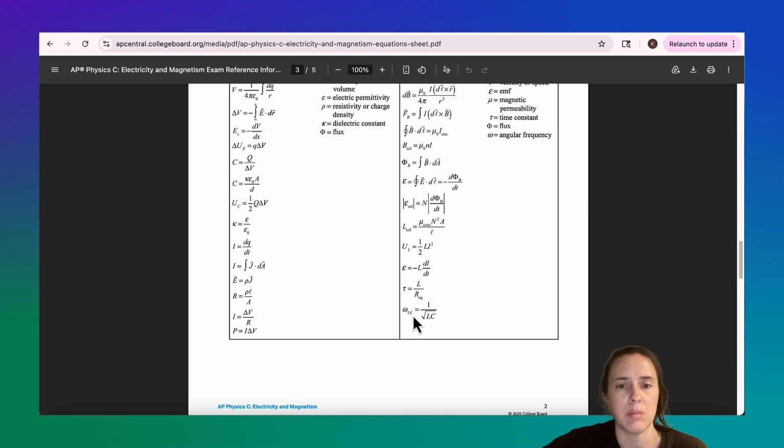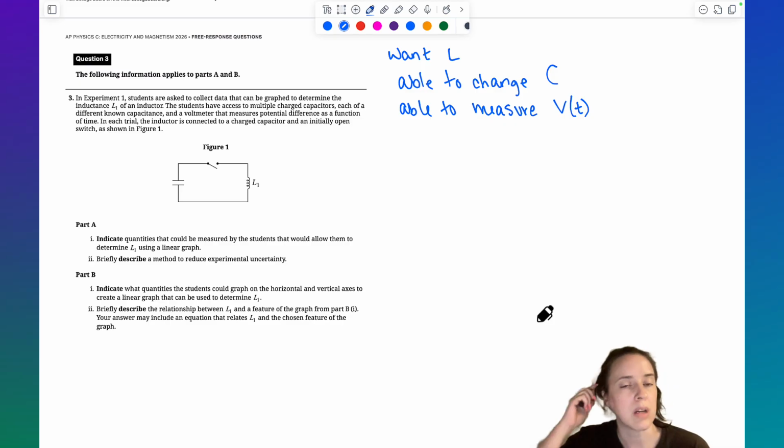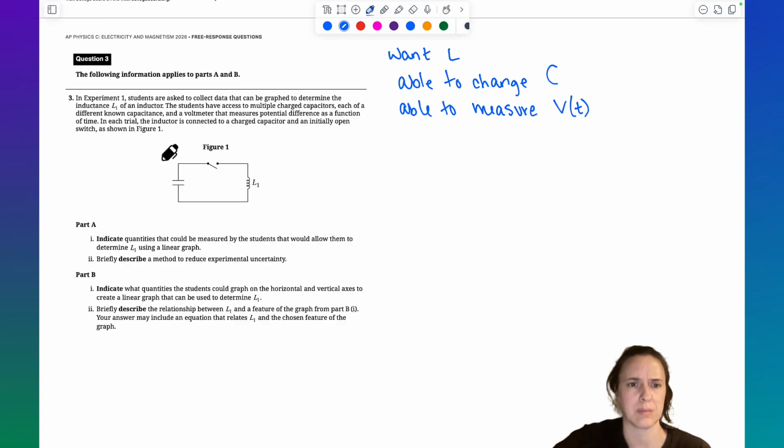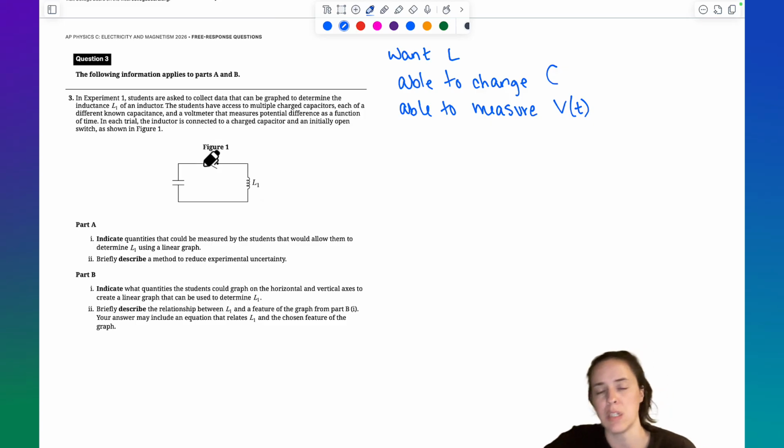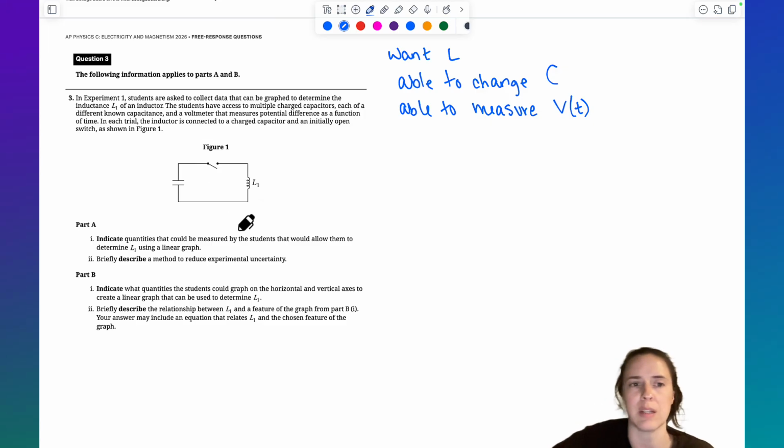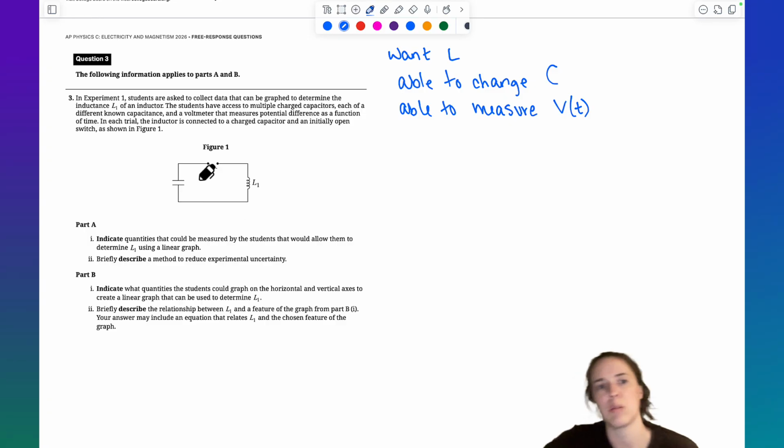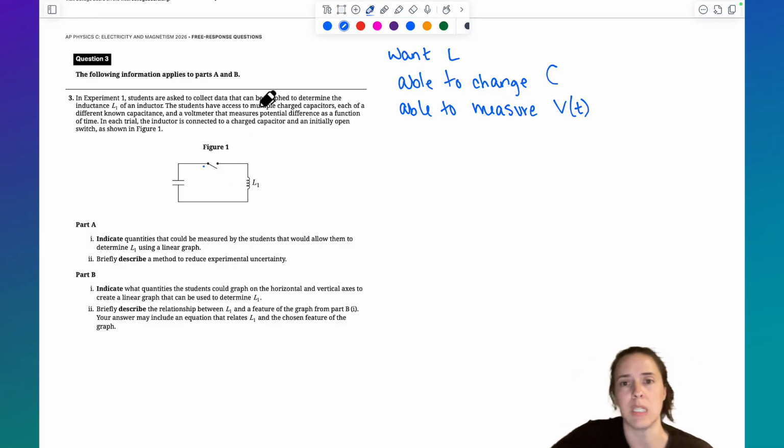So omega, remember, is the oscillation frequency. Because when we're talking about LC circuits, when you close this switch, your capacitor is going to discharge through the inductor, which is going to be like, no thanks, and push it back. And it's going to bounce back and forth and back and forth with that angular frequency, omega LC is 1 over root LC.